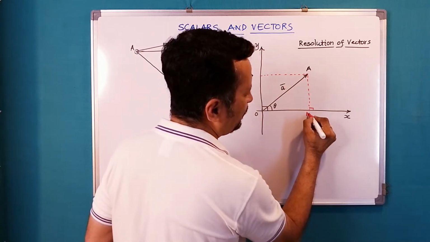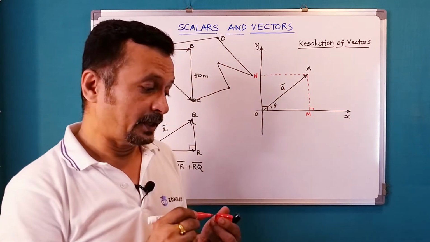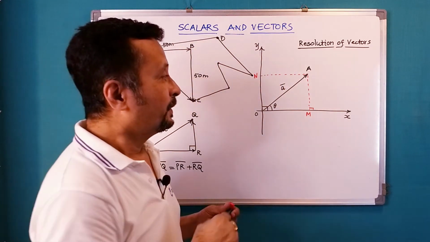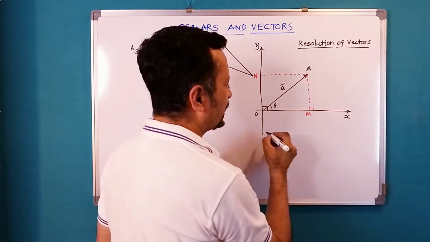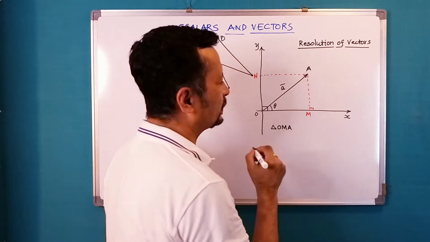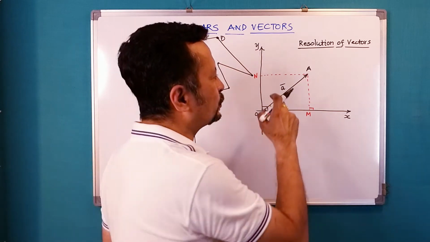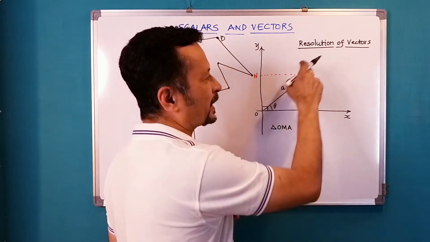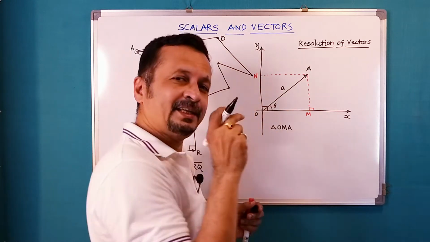Let me call this point M and this point N. Now we consider this triangle OMA. Suppose A is the magnitude of OA bar. Can you tell me what is the length OM?